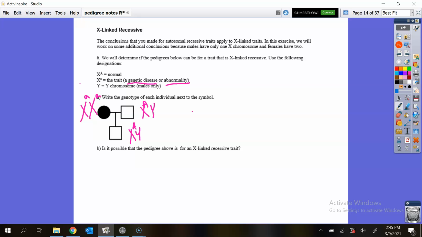So in this case, is this pedigree a possible pedigree for an X-linked recessive trait? No, it is not. Because dad's going to give his son a Y. Now mom only has a little a to give. So if mom is affected, her son is going to be affected as well.